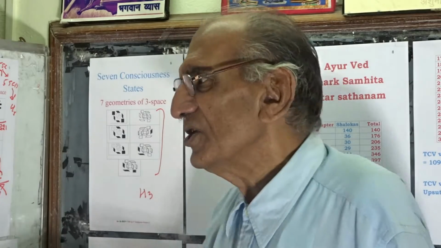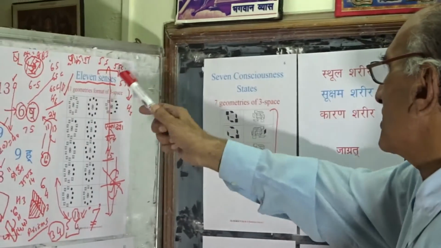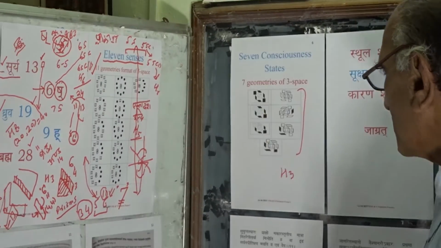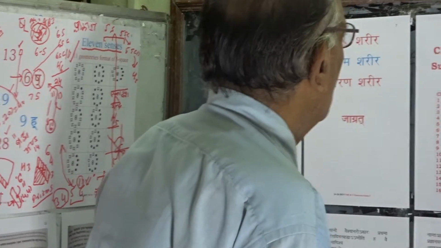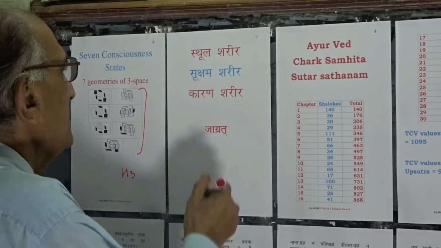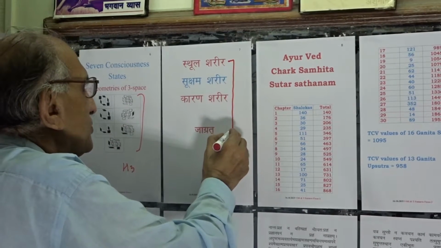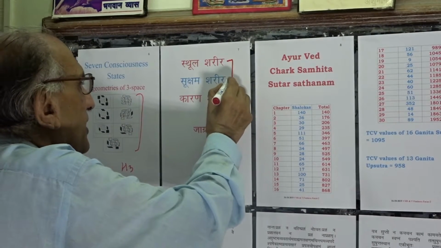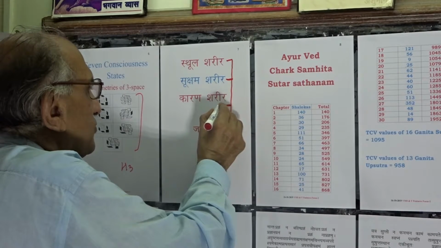It is this reach from the senses format to the consciousness format that we will be face to face with the existence phenomenon as a sthul sharir, mundane body, as suksham sharir, minute body, subtle body, and as a karan sharir, the causal body.